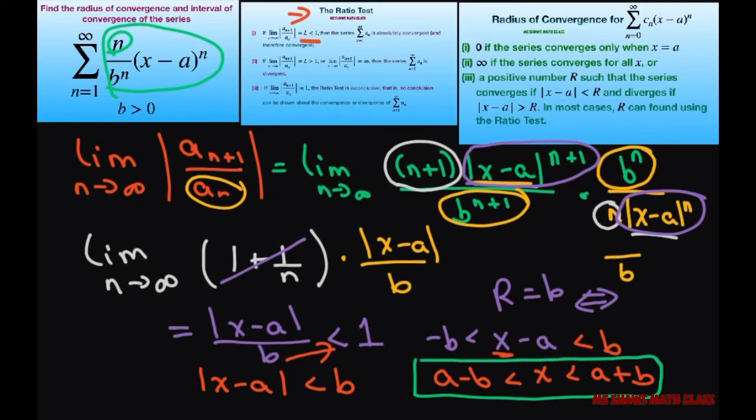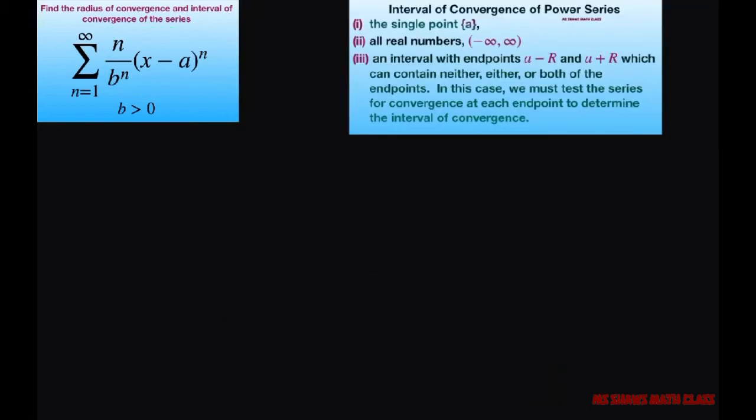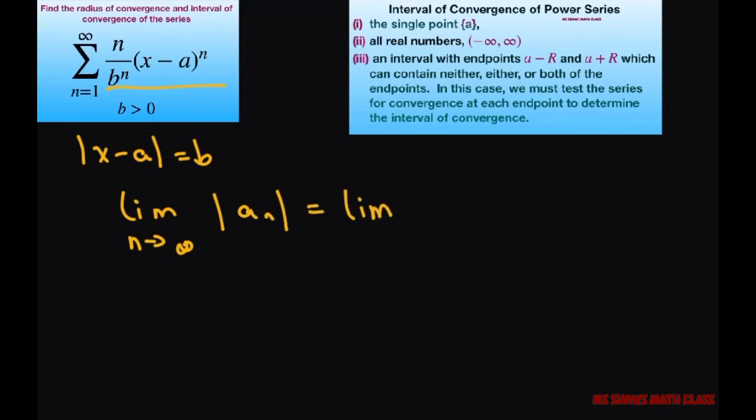Now to find the interval of convergence, we have to test our endpoints. This one and this one. These are called the endpoints. So let's do that and see what we get. When we have x minus a equals b, the limit as n approaches infinity of our series, a sub n, equals infinity.